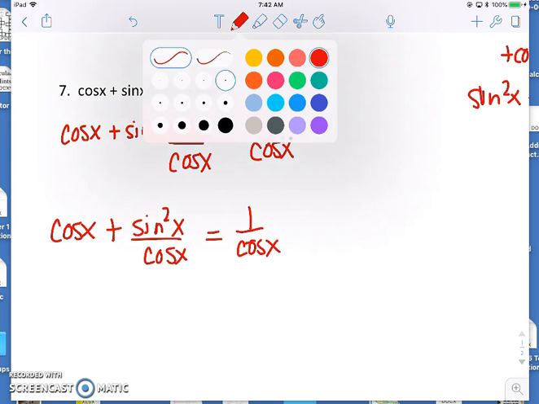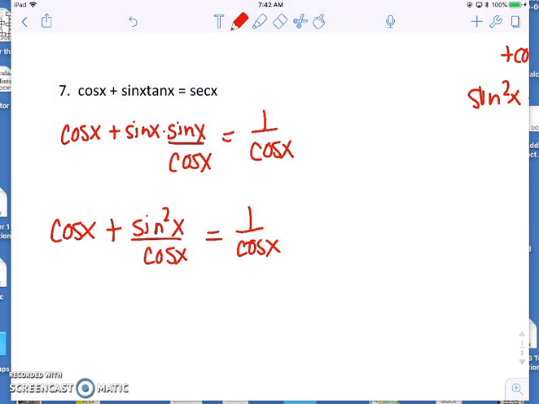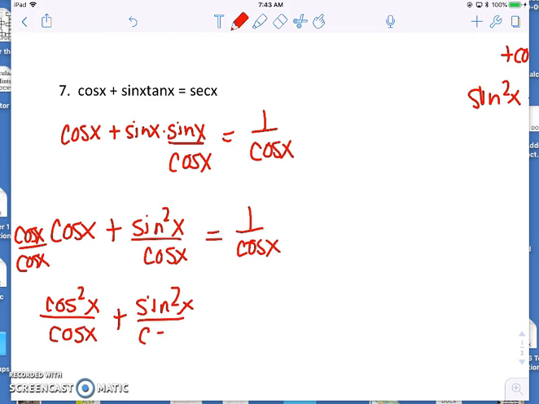To have a common denominator, multiply this one by cos over cos. So now we have cos squared of x over the cosine of x plus sine squared of x over the cosine of x equals 1 over the cosine of x.